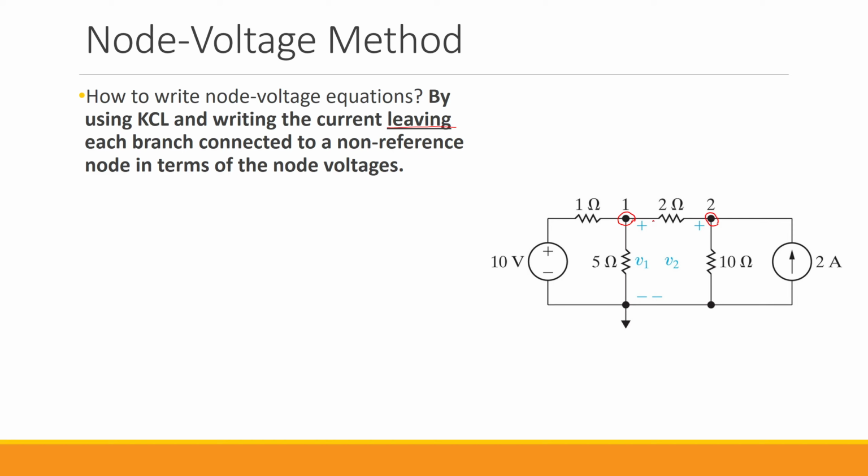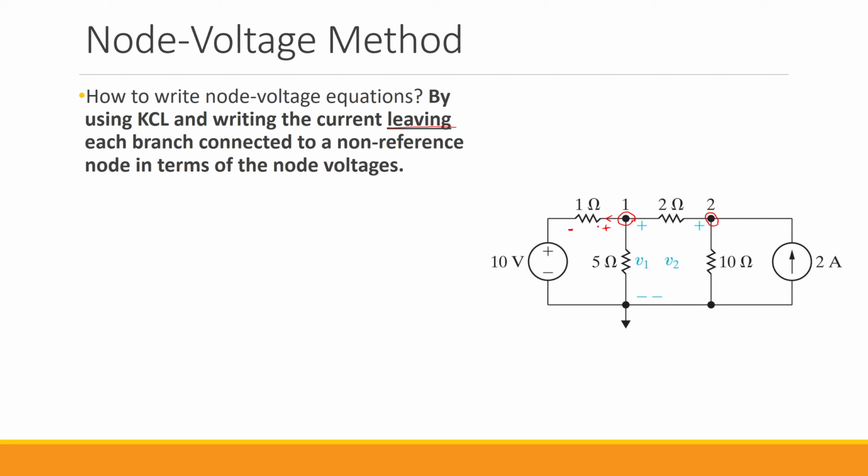So how can we write these equations based on V1 and V2? The answer to that is very simple. If we consider a current leaving node 1 and going through this 1 ohm, following the passive sign convention, we have a positive polarity here and a negative polarity here.